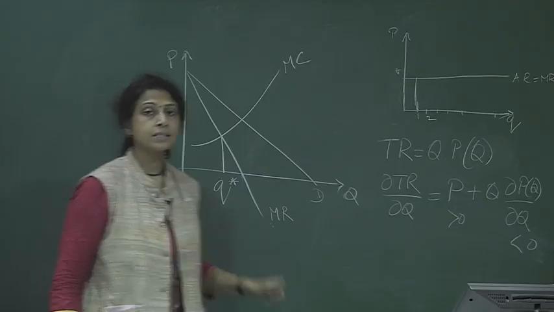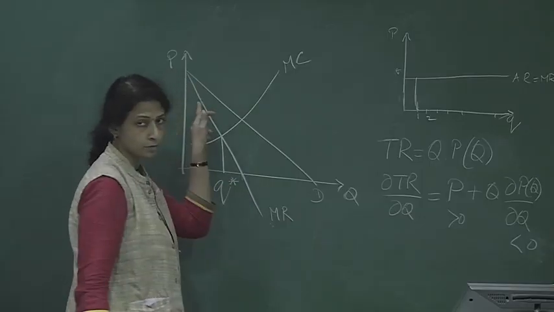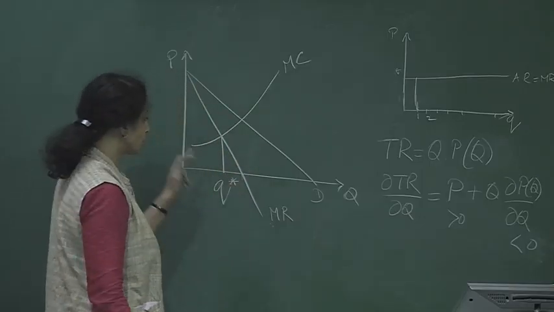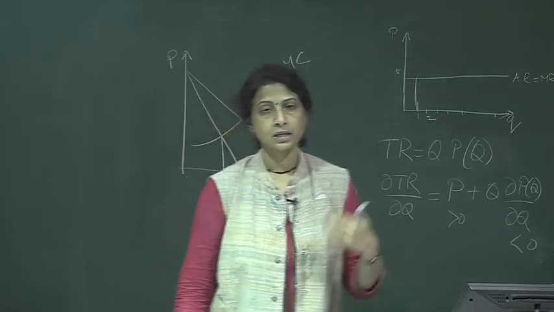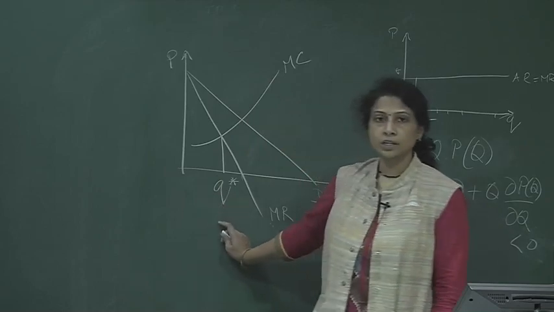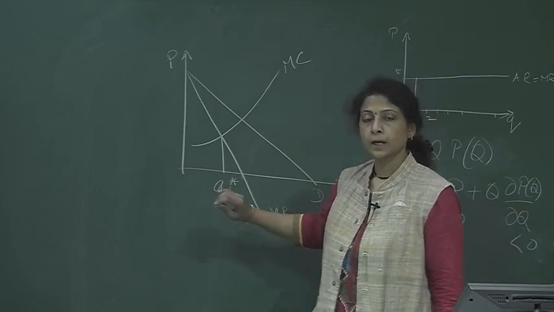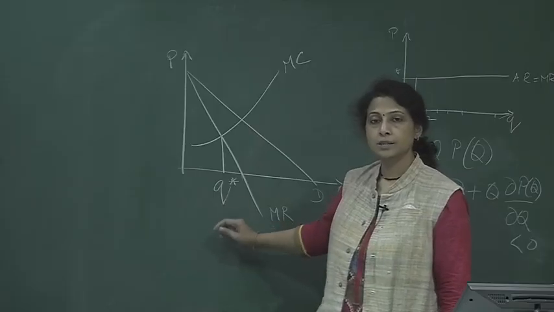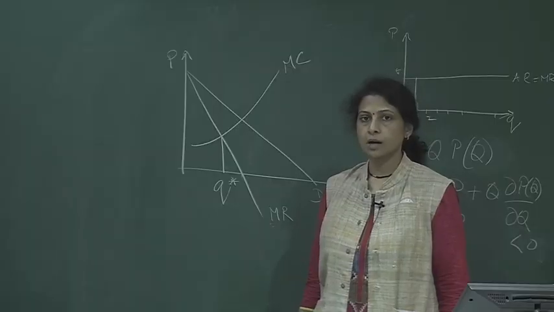So, what price is he going to choose now? Does he choose a price along the MR curve? No, he does not. Why? Because he is facing the demand curve in the market. He knows that if he sells this amount in the market, he is going to charge the maximum price that the buyers are willing to pay for this Q star.